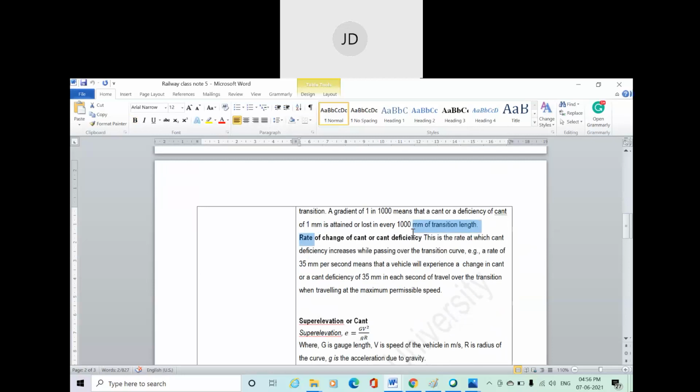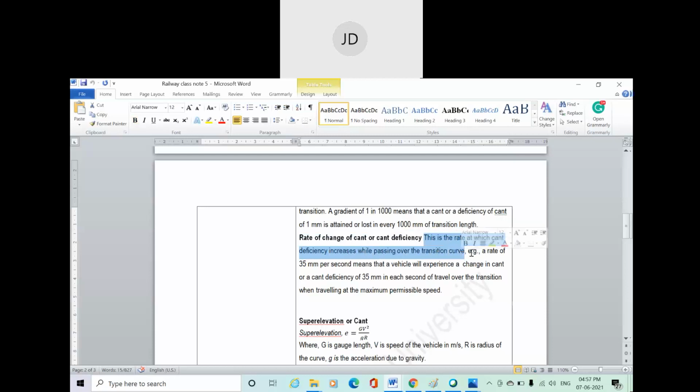These things are already included here. Rate means the application of cant deficiency should gradually increase. That means the rate of change of cant deficiency is the rate at which cant deficiency increases while passing over a transition curve.